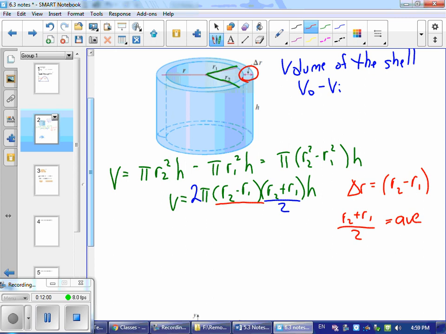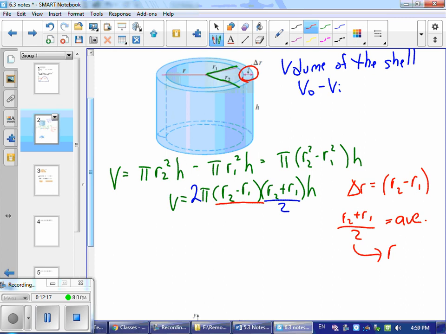So that's the average of the radii, and we're going to rename that R, because the delta R, excuse me, is going to become so thin that the average is basically going to be exactly the same thing as a single radius.